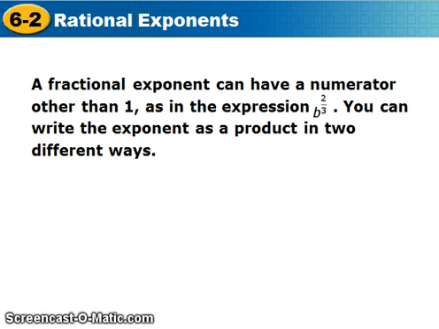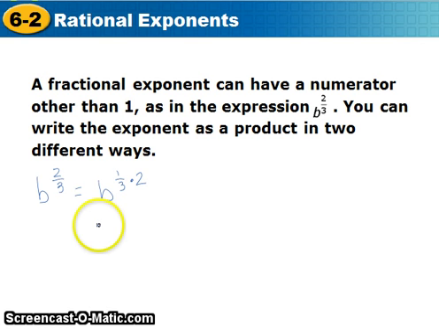Now a fractional exponent can also have a numerator other than 1, like b to the 2/3. And we can write the exponent as a product in two different ways. The first is b to the 2/3 is the same thing as b to the 1/3 times 2.